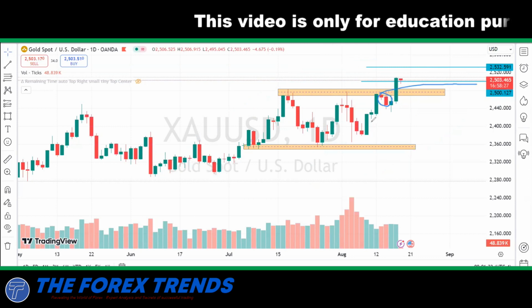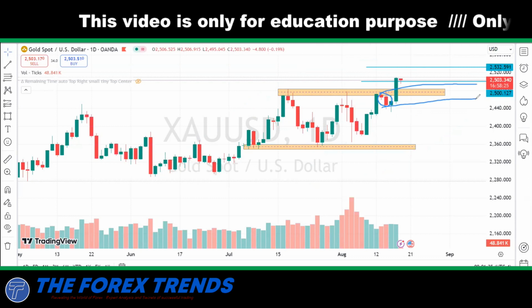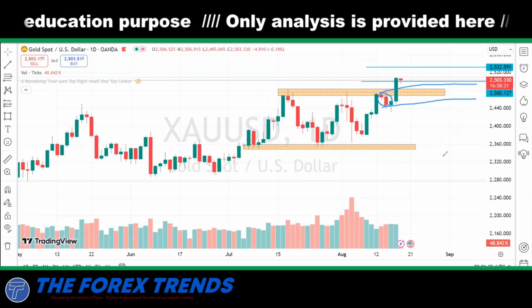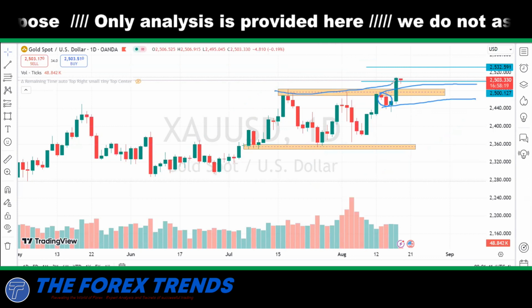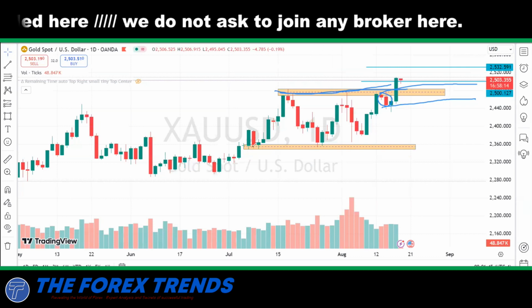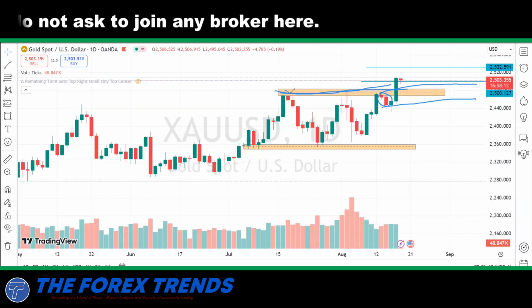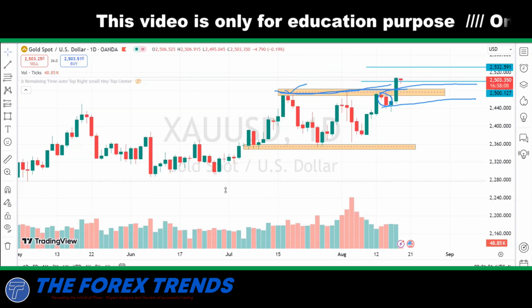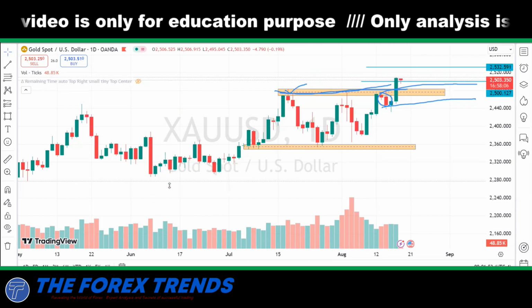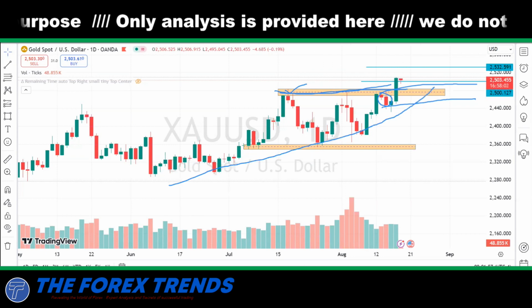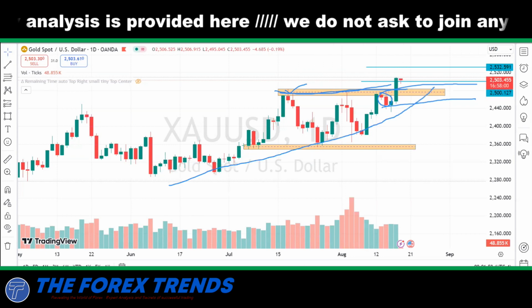It is a very clear indication that gold will go very high in the near future because gold has broken this resistance, and this was the all-time high. So let's see what will happen. And the fundamental sentiment is also supporting that gold will go up in the near future. Okay.